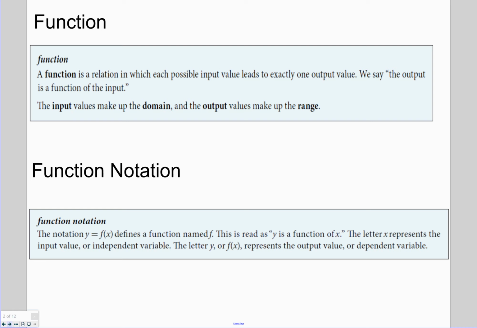Remember, you're looking at your input values, and each input value can only have one output value. Each input can only have one output. If an input has more than one output, it is not a function. It is a relation.